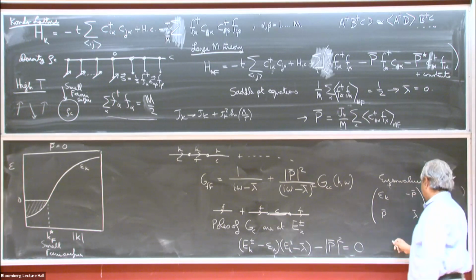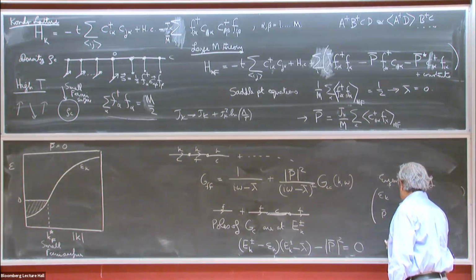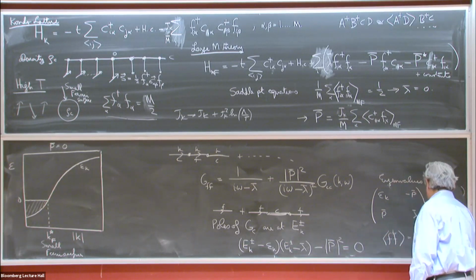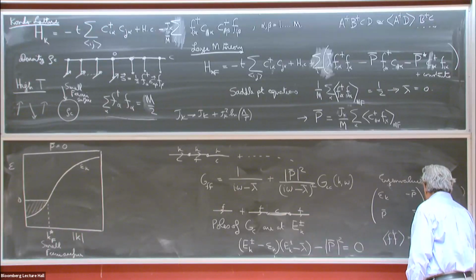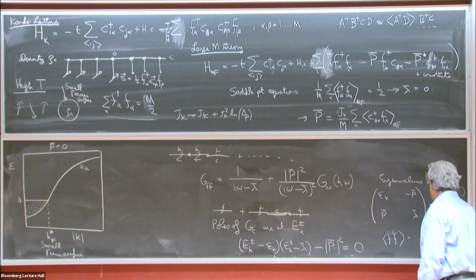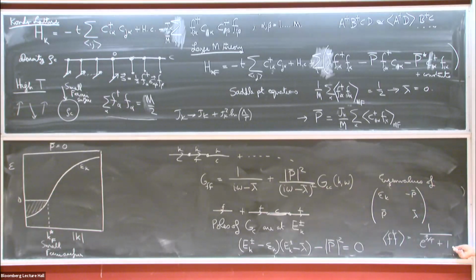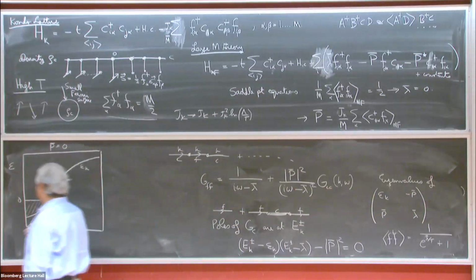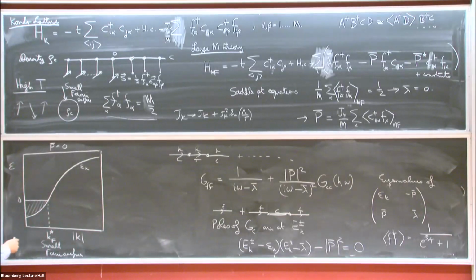Then the expectation of F dagger F on any site would be just the Fermi function, 1 over e to the lambda bar over T plus 1. And now you notice, when you put lambda bar equals 0, this is 1/2. So lambda bar will be just 0, and that will allow you at finite temperature to get exactly half filling.